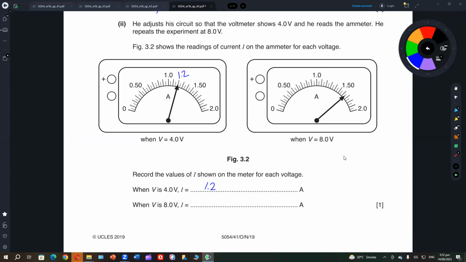And then it is 1.5, 1.6, 1.65. Check the readings. Yes, it's the same.